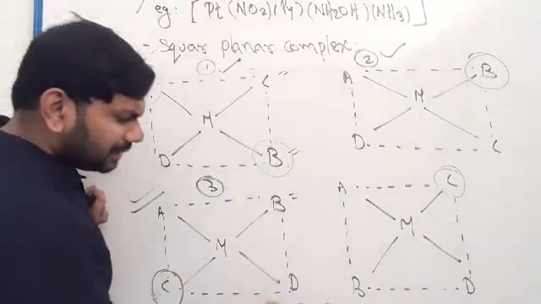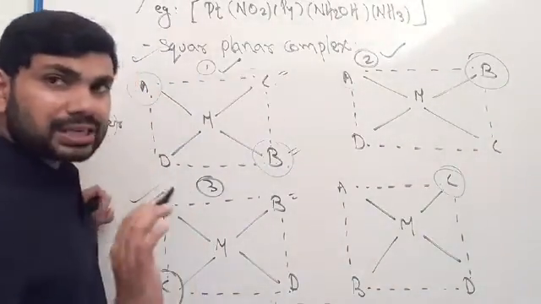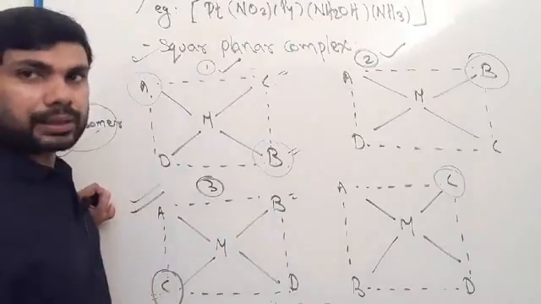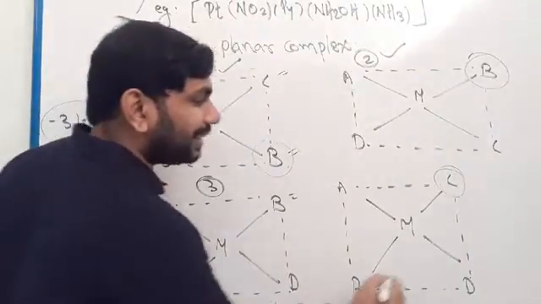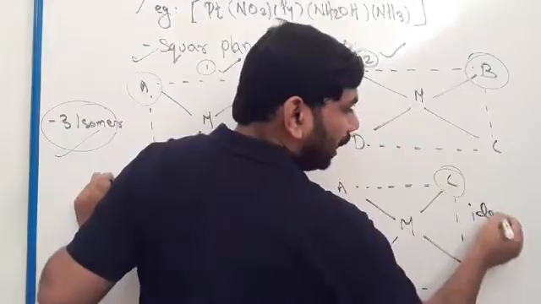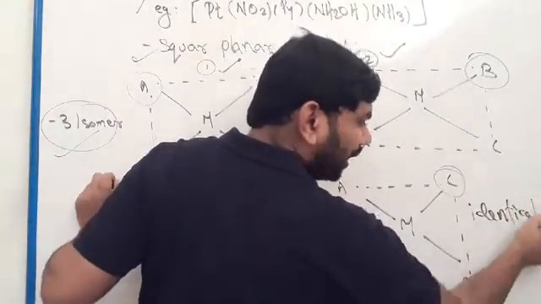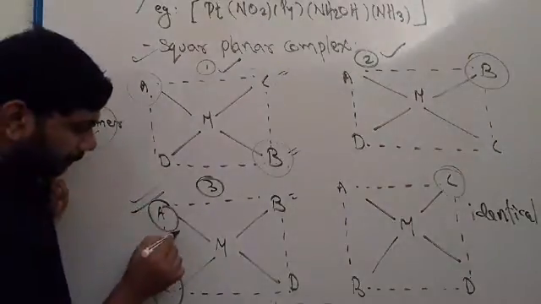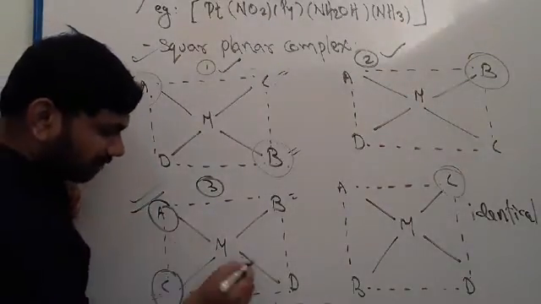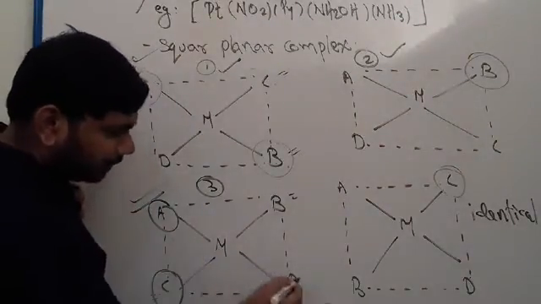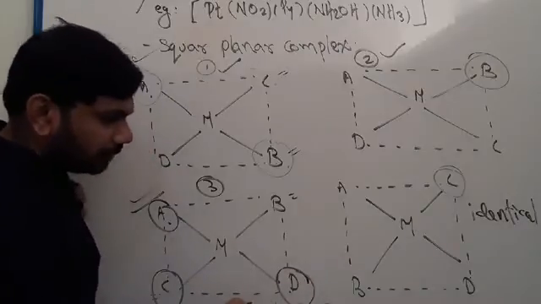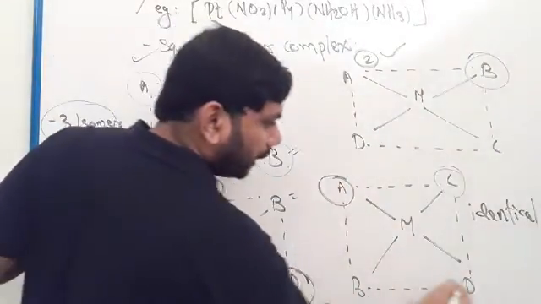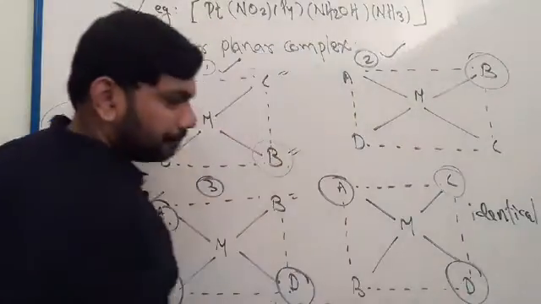But these two are not different isomers. These two are identical. Why are these two identical? Look here, when you consider diagonally, A and D here, and here also A and D, they are the same.